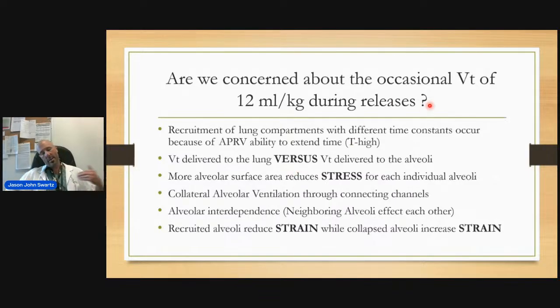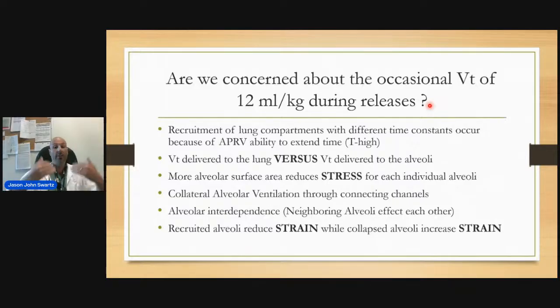You also have in APRV that collateral alveolar ventilation through the connecting channels, the channels of Martin, Lambert, and the pores of Kohn. And these only work once gas flow is no longer moving, and then the pendulum effect can be activated.